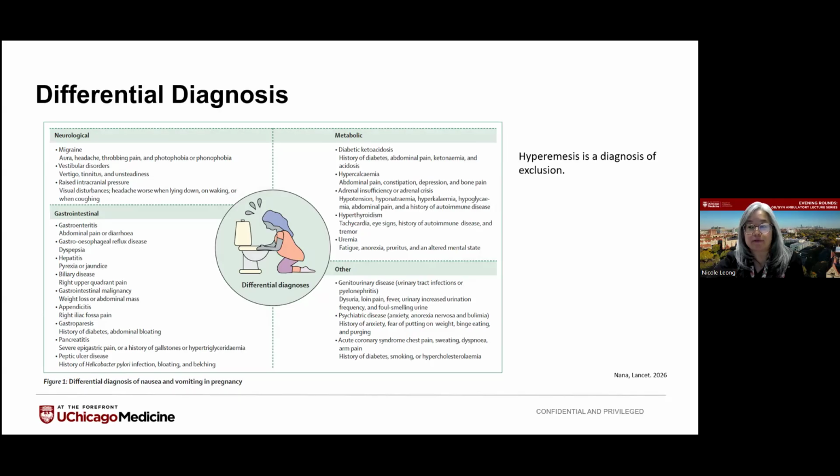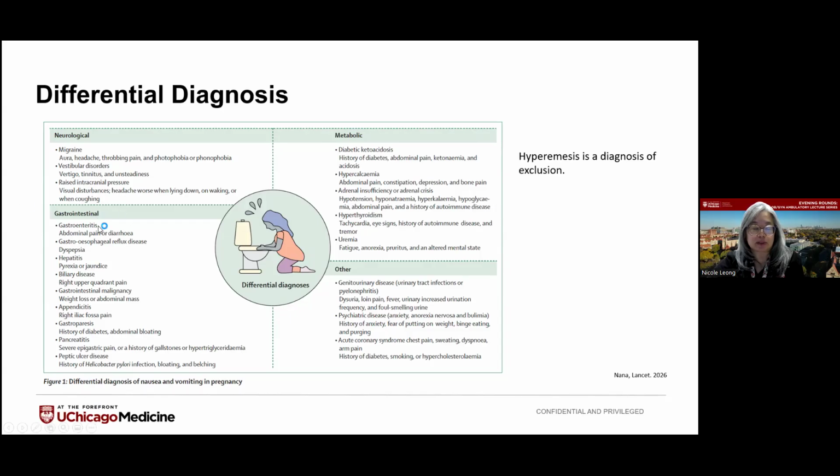So you can have neurologic symptoms that can be associated with nausea and vomiting, such as severe migraines, things that affect your vestibular function, like vertigo. Also, things like high intracranial pressure can cause severe headaches, and then nausea and vomiting as well.